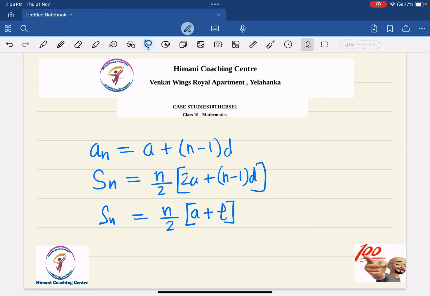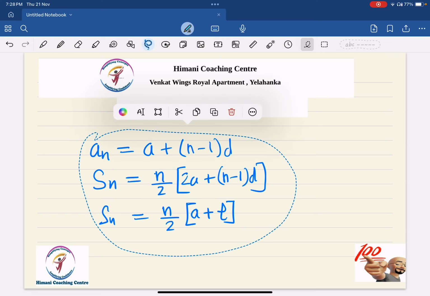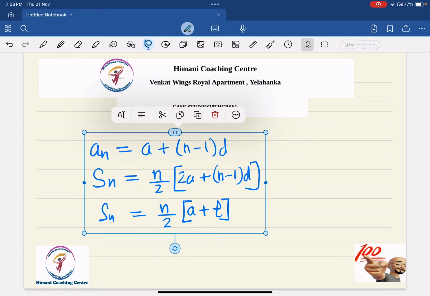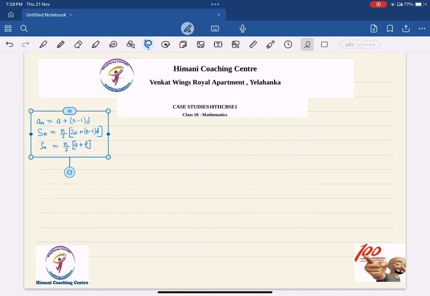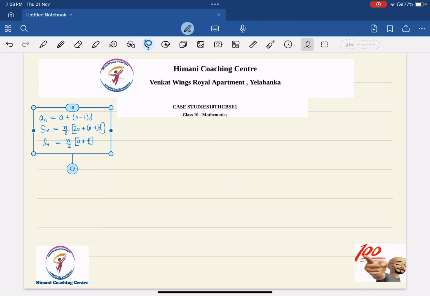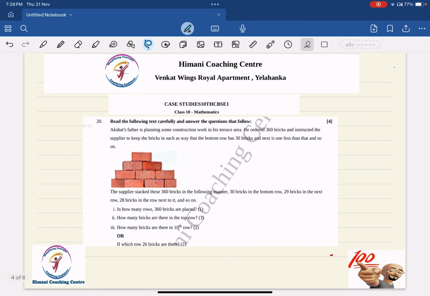So these are the formulae which we are going to utilize when we solve questions on AP. Let us keep them aside for a while and go to the first question.